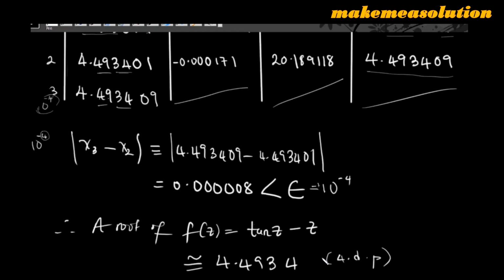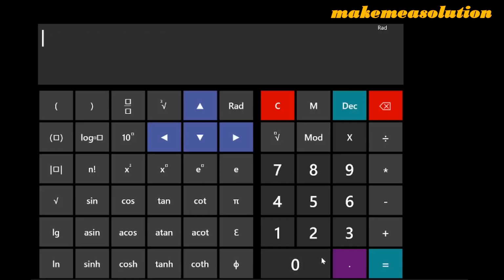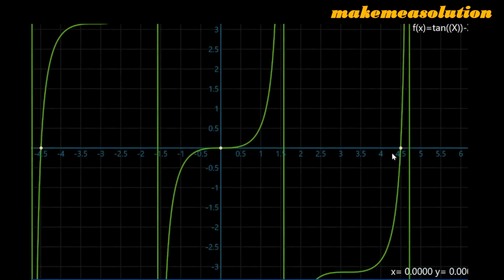So let me show you on the graph again that this value is almost correct. So tan x minus x. If I go to that value and I press on it, you see 4.49340963. So this is almost what we calculated with the Newton-Raphson formula. So you see that this formula is legit.